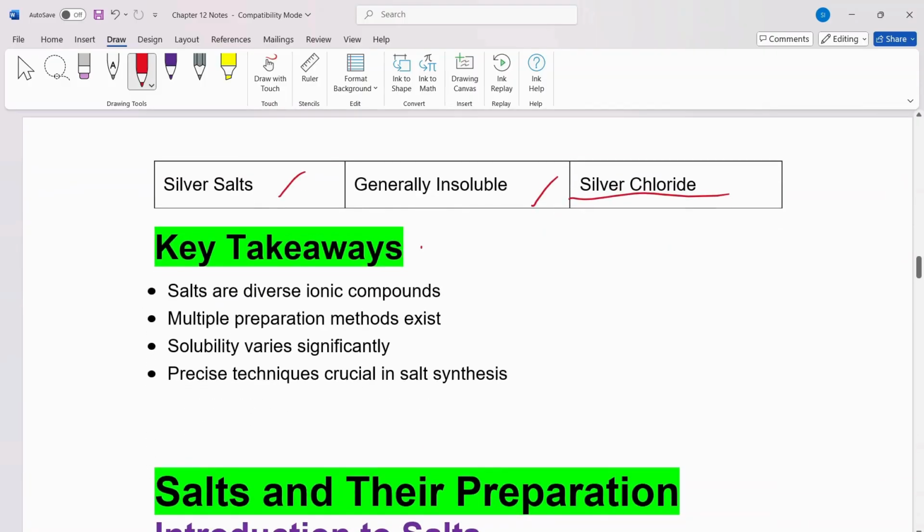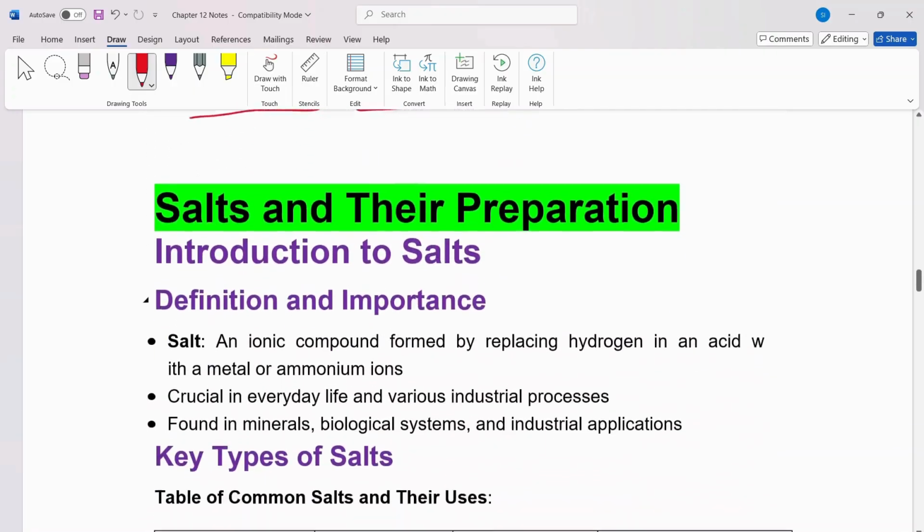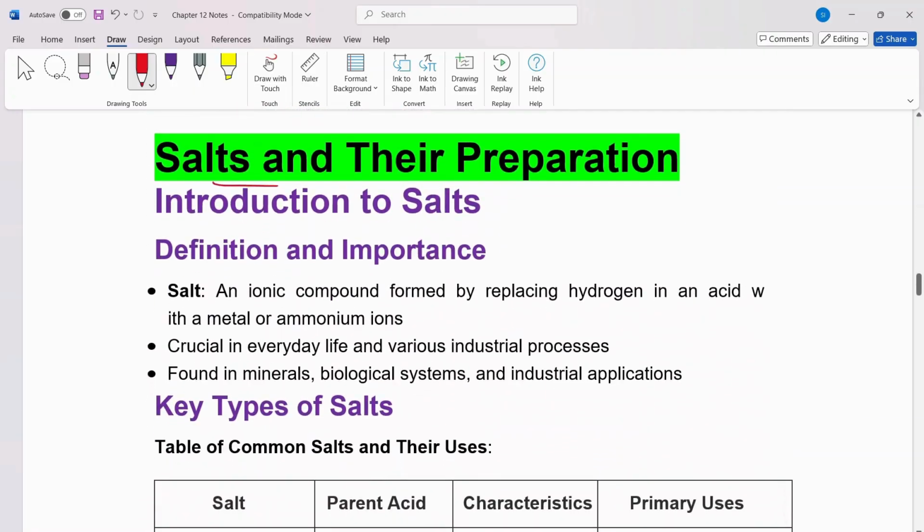Some key takeaways here: salts are diverse ionic compounds. Multiple preparation methods are there. Solubility varies significantly. Precise technique is crucial in salt synthesis. Now, let's talk about salts and their preparations, definition, and importance of salt.